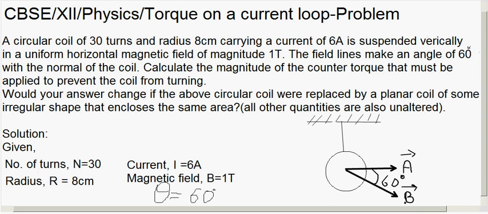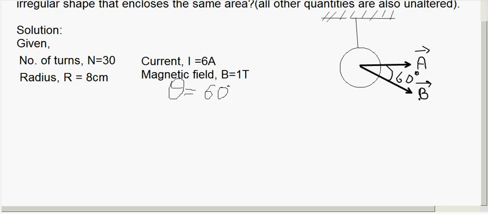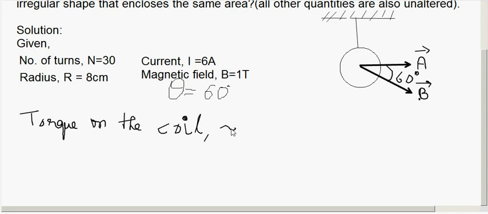Now we will calculate first what is the torque. According to the equation, the torque acting on the coil is equal to NIBA sin theta.